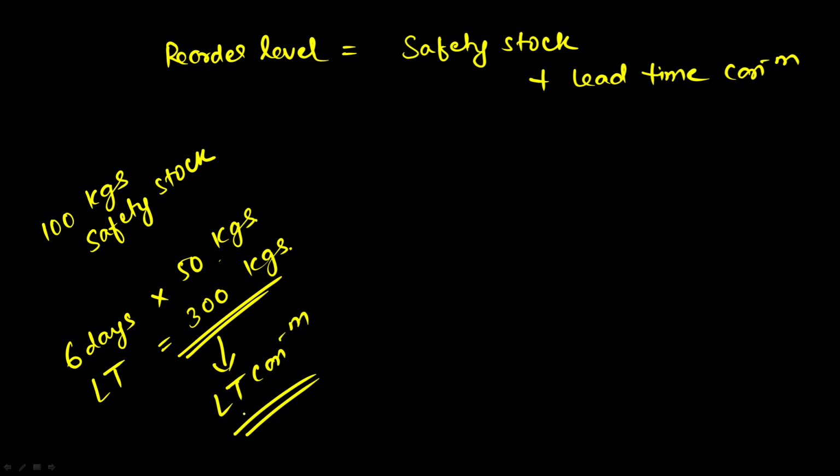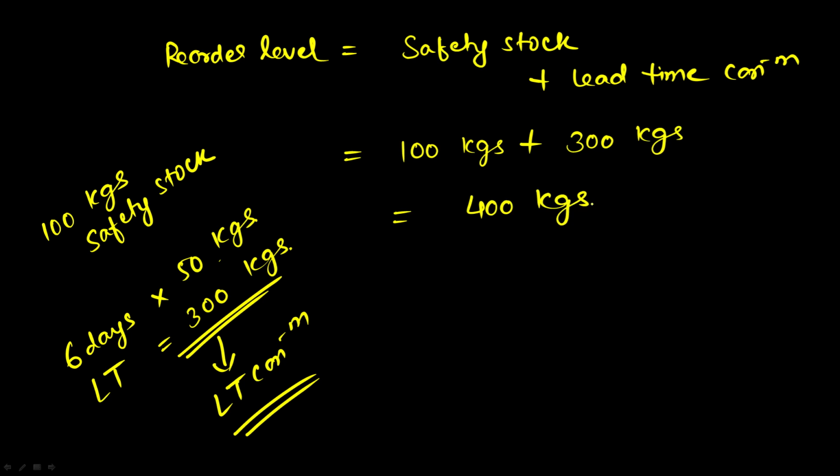So what will be your reorder level? What is safety stock? 100 cages plus your lead time consumption of 300 cages will be 400 cages. What will happen? At 400 cages, you will again order. When your godown has 400 cages of stock, you will again order. How much will you order?